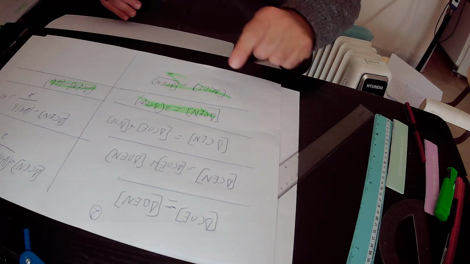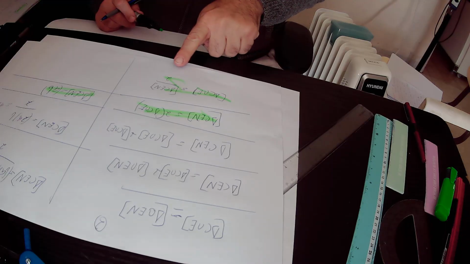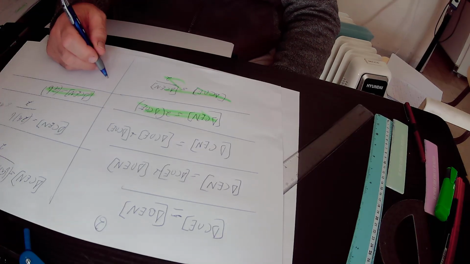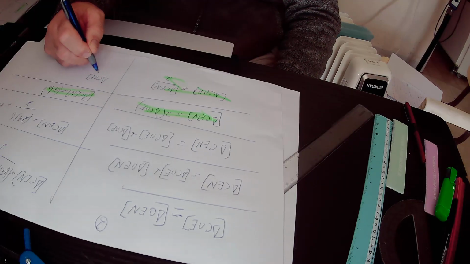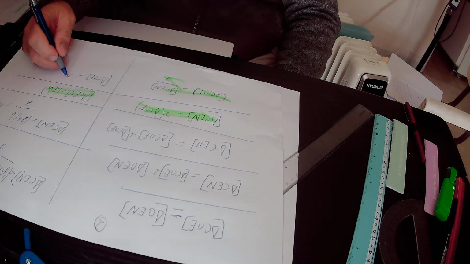And we already found out that the area of the green triangle COE equals the area of triangle CEN over 2. It is half the area of the big triangle CEN.